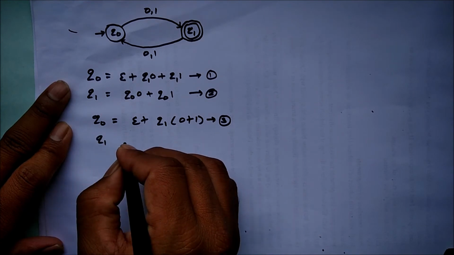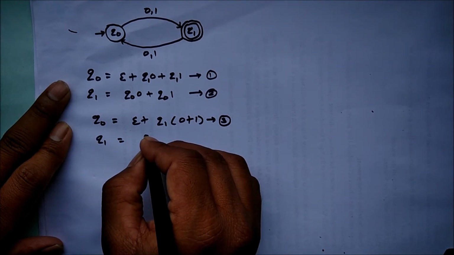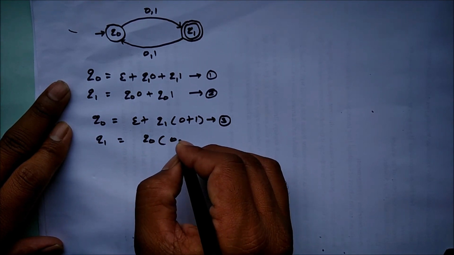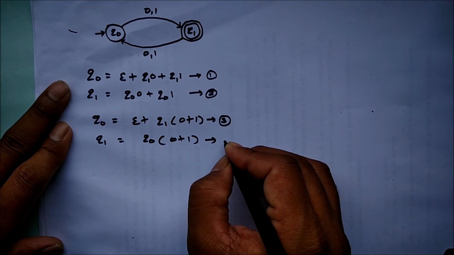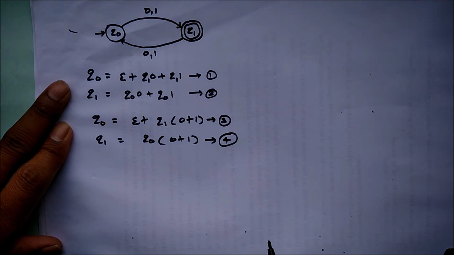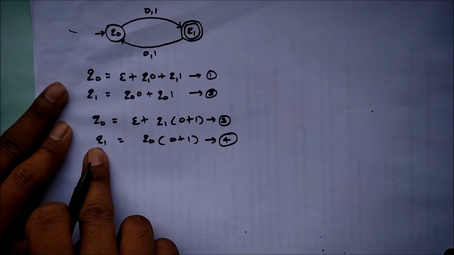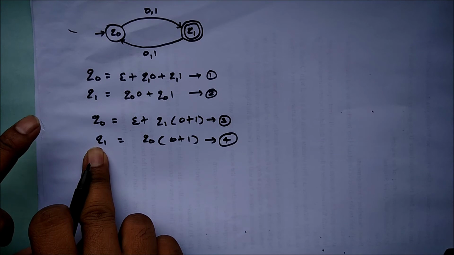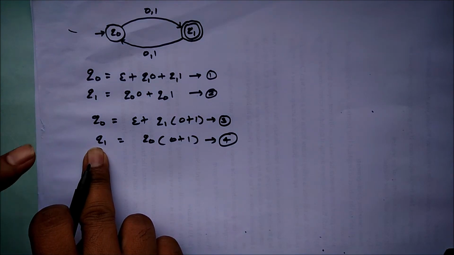Same way I can do with Q1, I will take Q0 common and I will write Q0 plus 1 and I will make it equation number 4. So now what we can do, we can put the equation of this Q1 in the equation of 3.